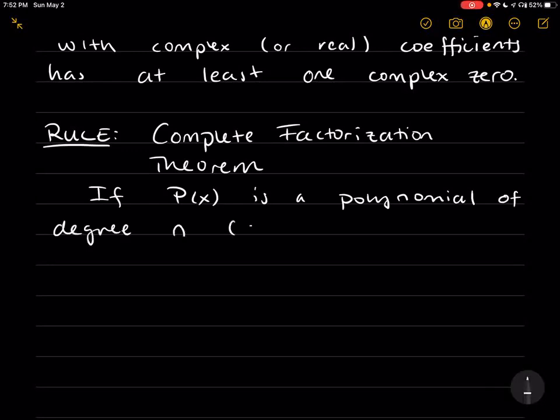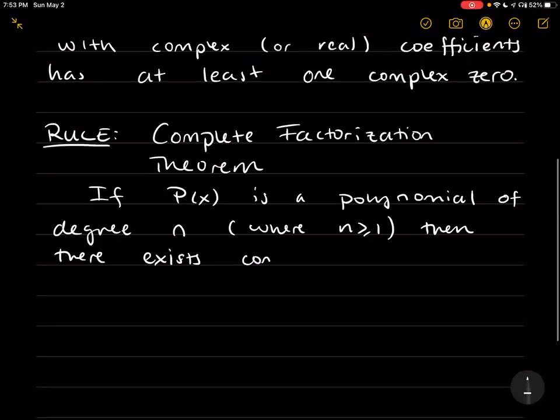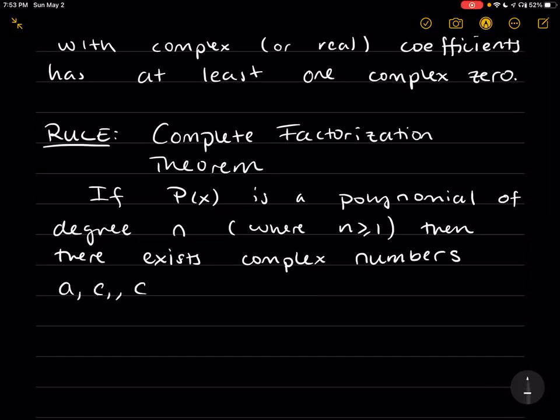So here, since the polynomial is degree n, n's got to be bigger than or equal to 1, then there exist complex numbers, let's call them A, C1, C2, all the way up to C sub n, where we're going to say A is not 0.